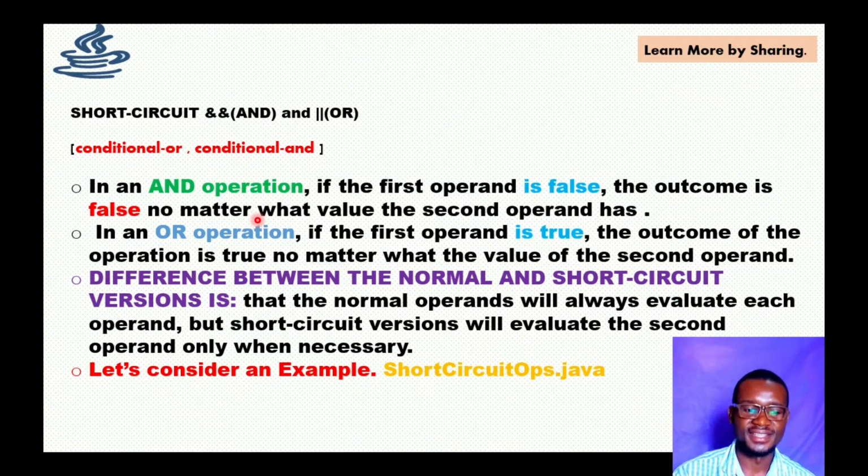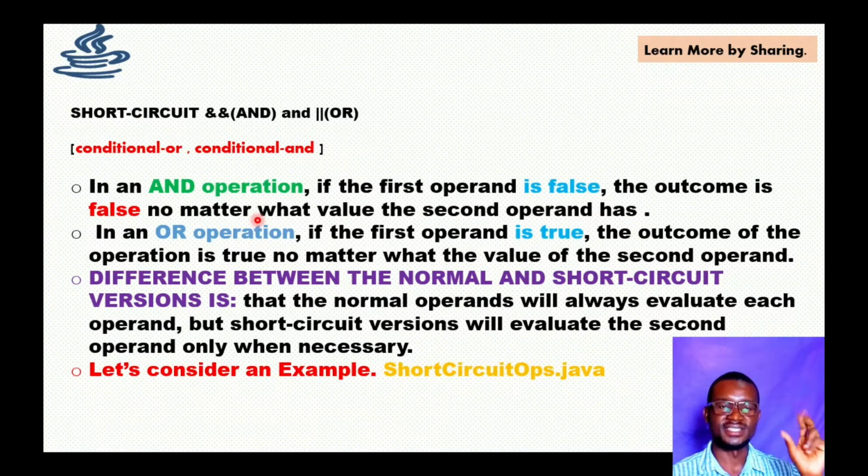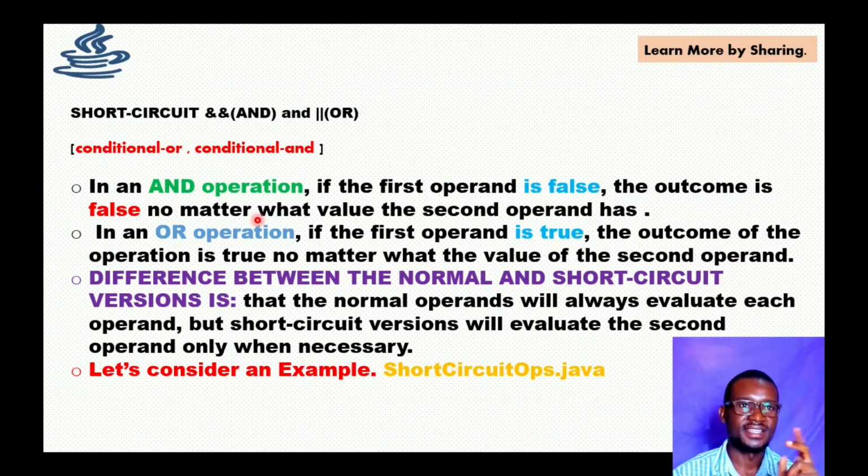The difference between the normal AND, which is a single AND, and the short circuit AND, which is the double AND, is that the single AND evaluates both operands, while the double AND just evaluates the first one.